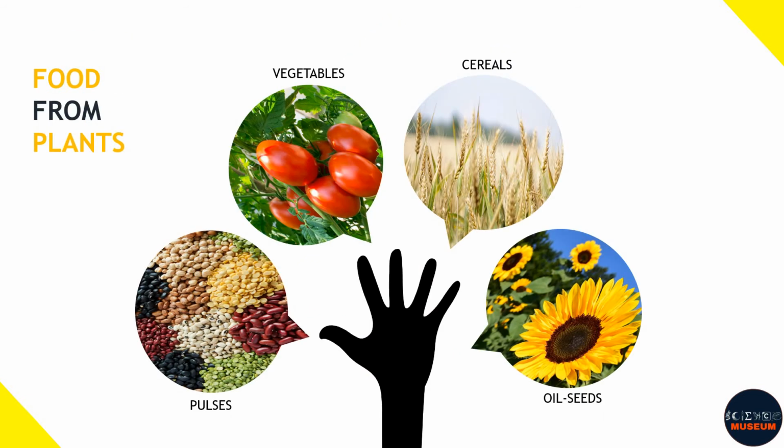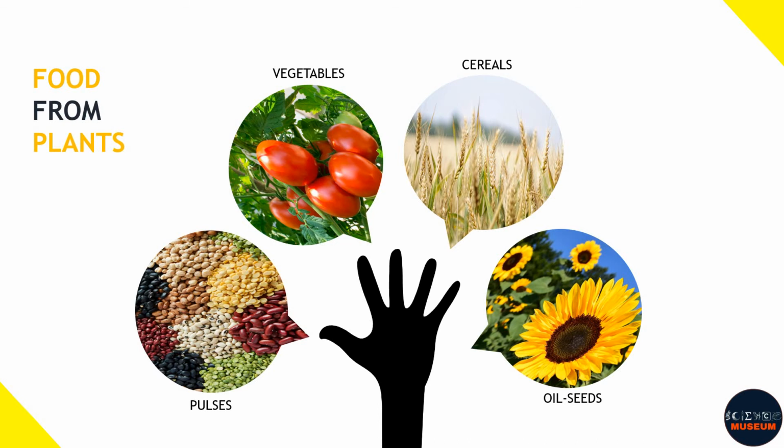Students, the different foods that we get from plants can be grouped as follows: pulses, vegetables, cereals, and oil seeds. Cereals are edible grains obtained from cultivated grasses.